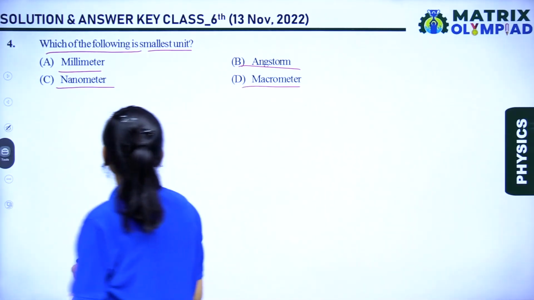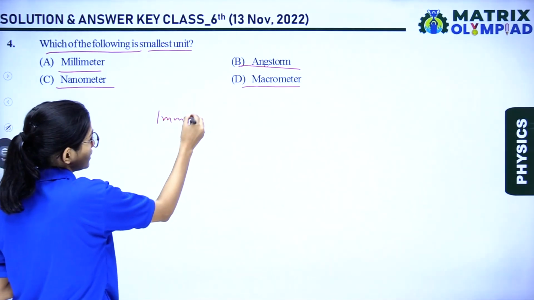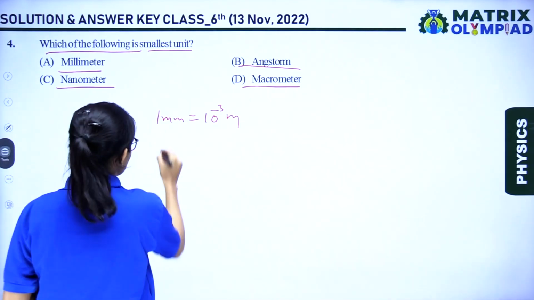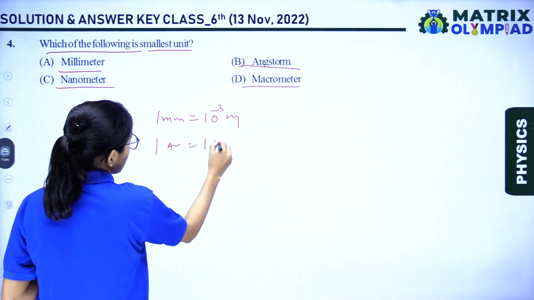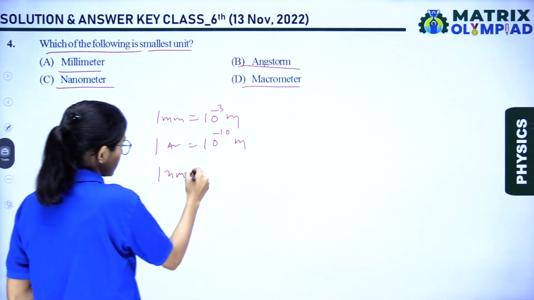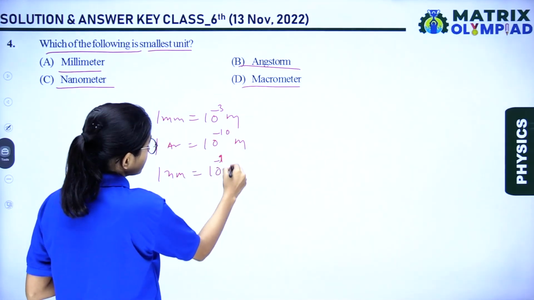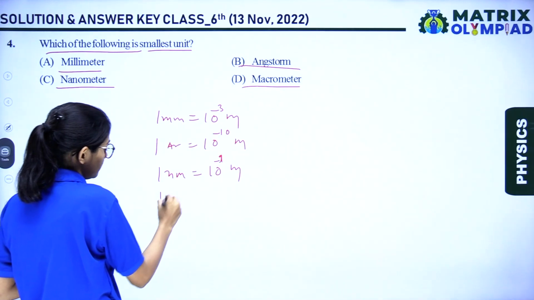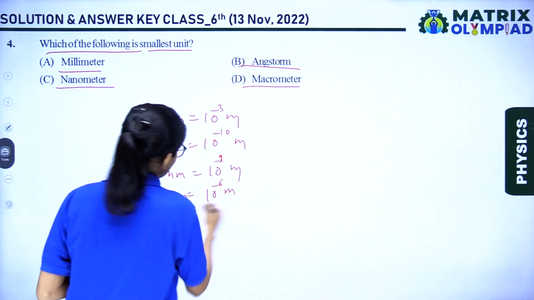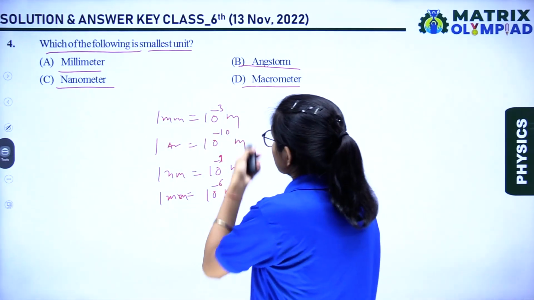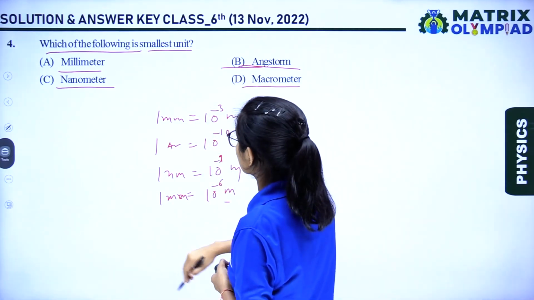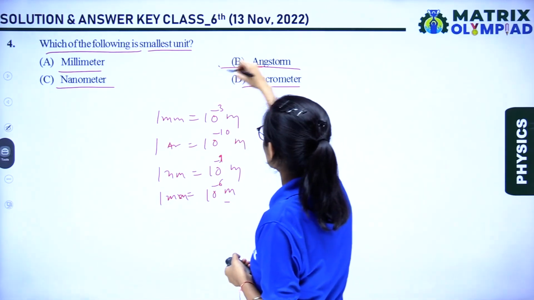If I'm talking about millimeters, then 1 millimeter is 10 to the power minus 3 meters. In angstrom, there are 10 to the power minus 10 meters, in nanometer there are 10 to the power minus 9 meters, and in micrometer there are 10 to the power minus 6 meters. So we have to tell which one is the smallest. Among these, the smallest one is angstrom. So for the fourth question, our answer will be option B.